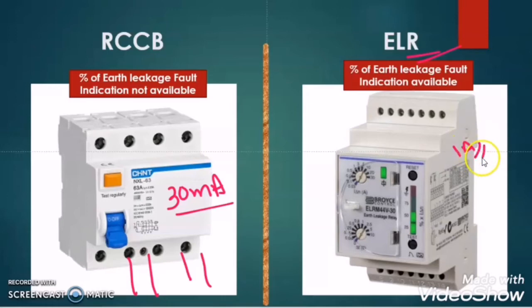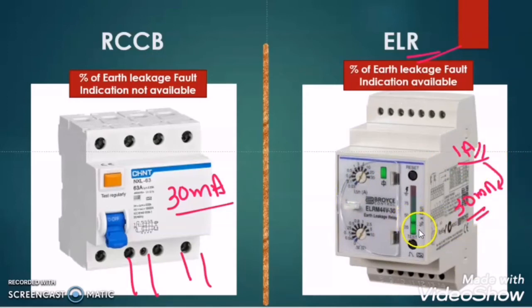I'm just taking an example to make you understand. Then suppose there is an earth leakage fault in the circuit, but it is only 30 milliampere. Then of course the ELR will not trip because the earth leakage fault current has not reached the preset value. In our case it is 1 ampere.